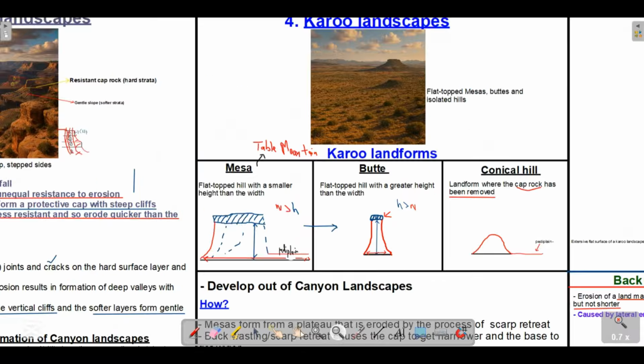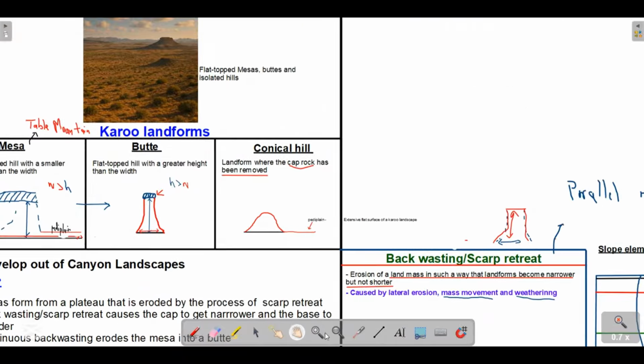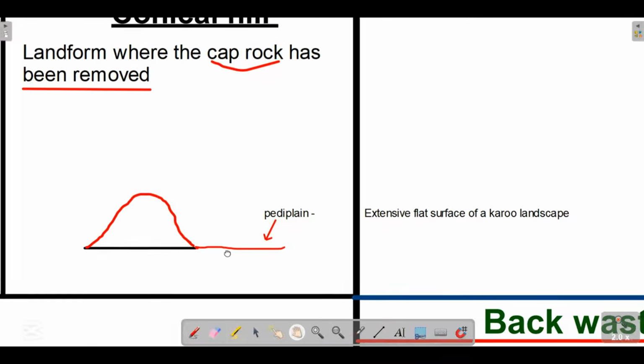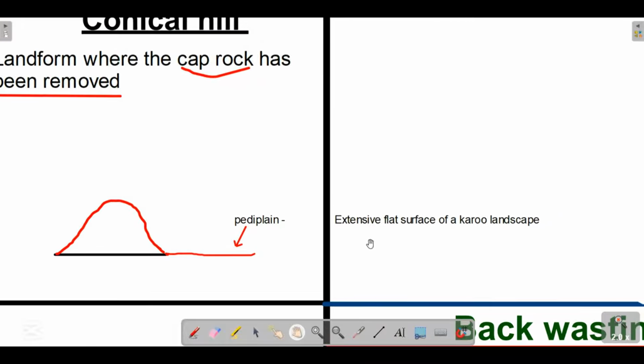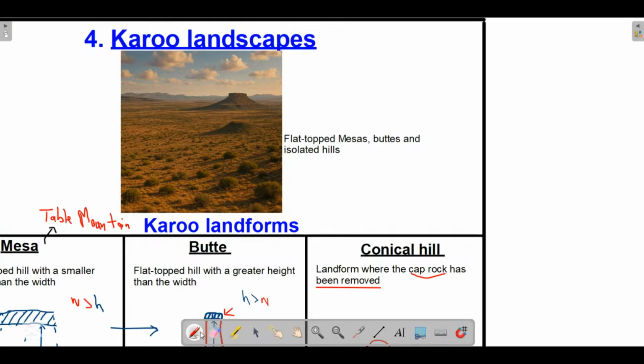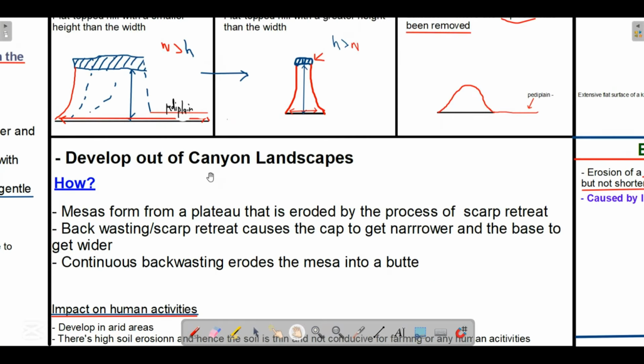When you're back wasting, eroding, you will form the flat land that is next to these landforms. So this is an extensive flat surface of a Karoo landscape. The flat land in between these two, for example, is a pediplain.